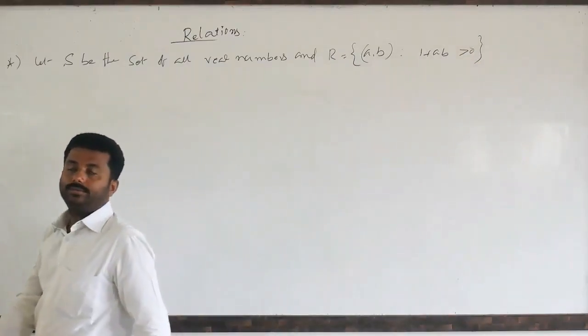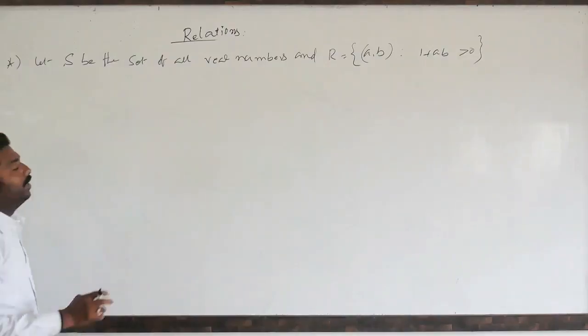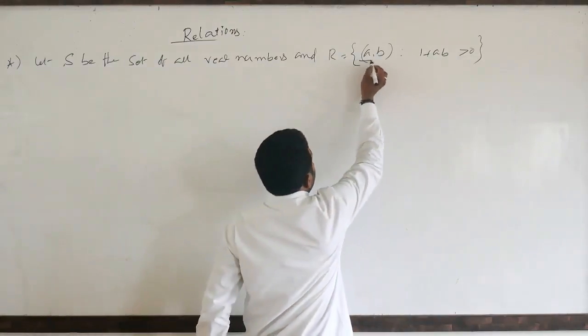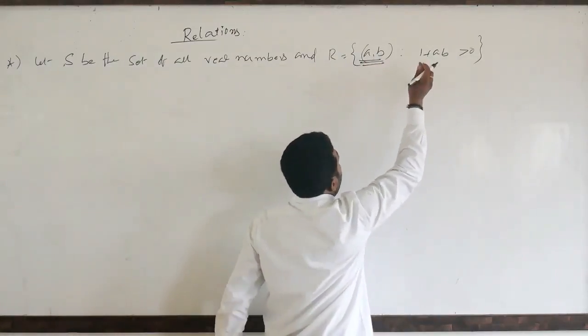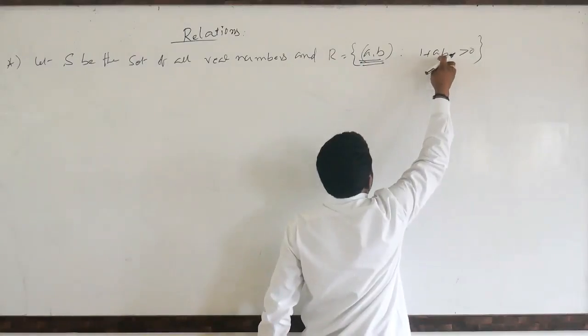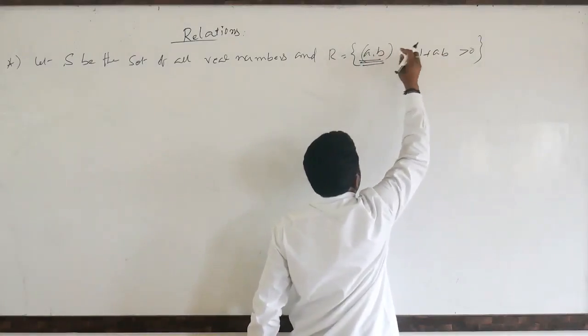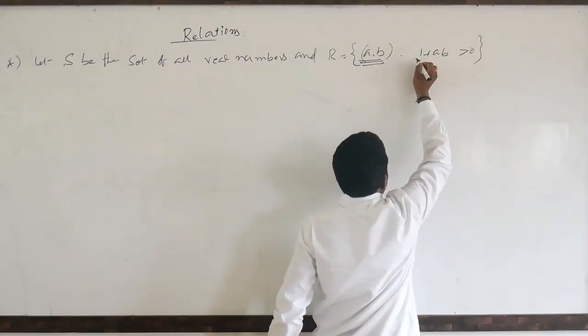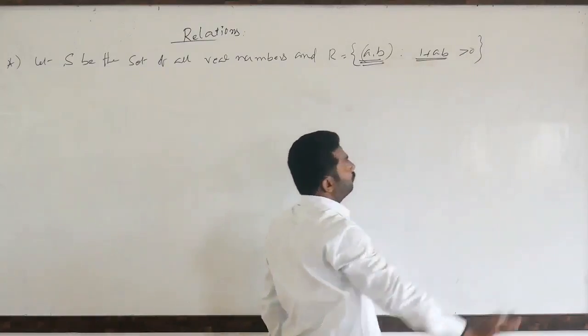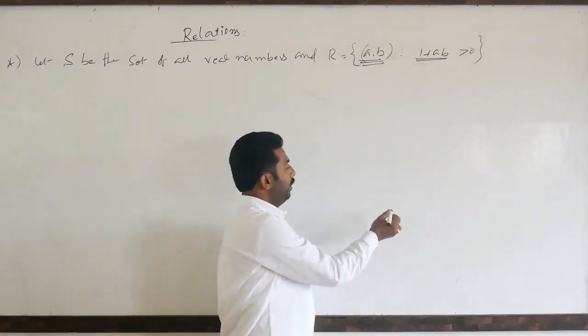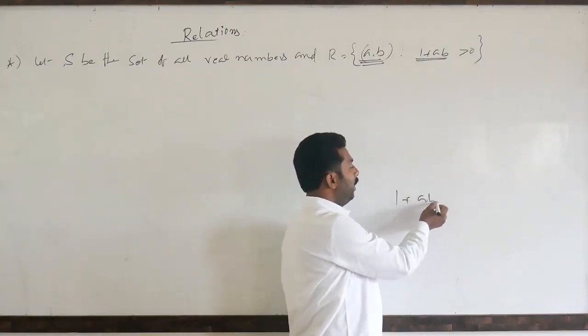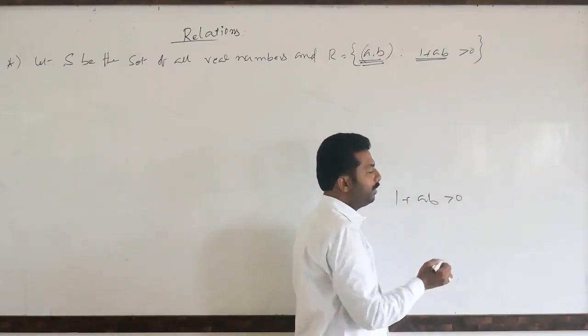See here, the relation is A comma B, which type of relation? 1 plus the product of the first component and second component. This must be positive. See, 1 plus A into B must be positive.